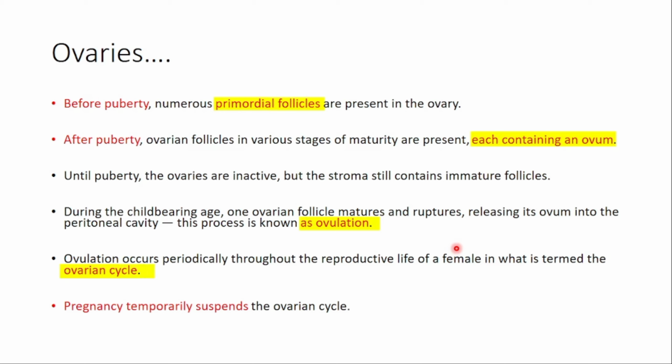But when a female is past the reproductive years, that is about 40 to 50 years, the store of ovarian follicles eventually diminishes and the reproductive capacity of the woman ceases, a time called the menopause. Also, pregnancy temporarily suspends the ovarian cycle.